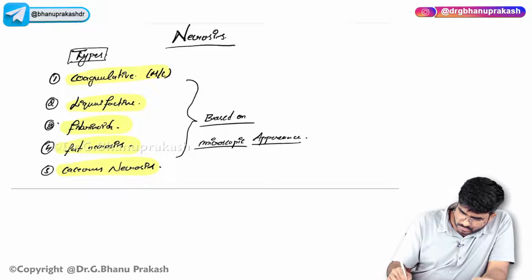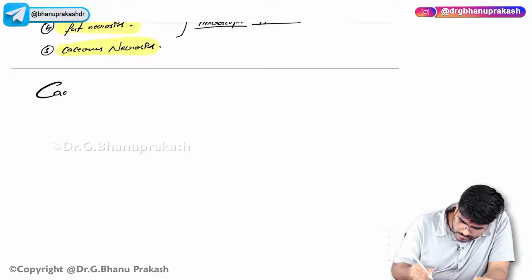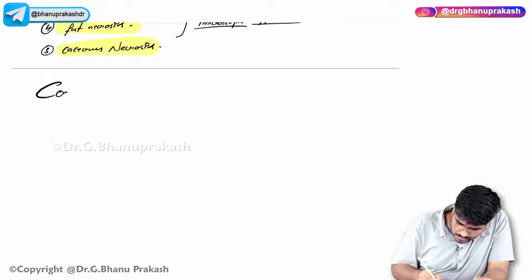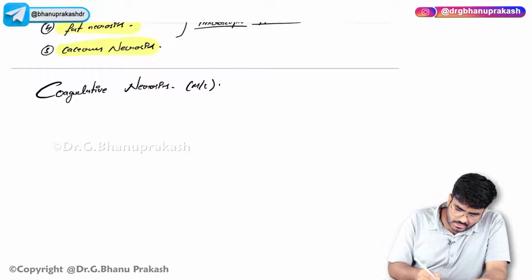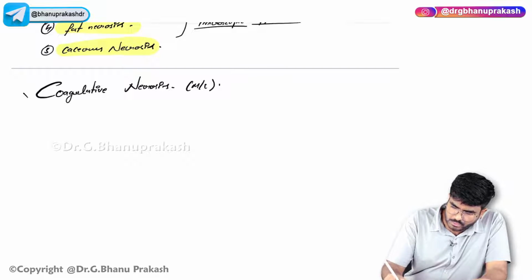Now, let us discuss coagulative necrosis. Let us begin with coagulative necrosis. This is the most common type, you already know it. Now, what will you see under the microscope in coagulative necrosis?